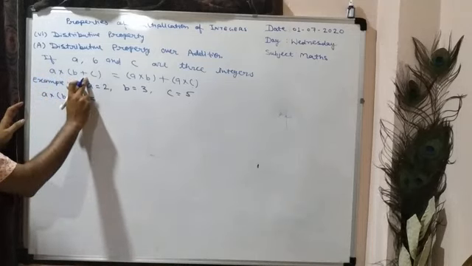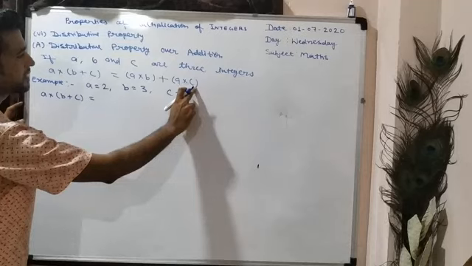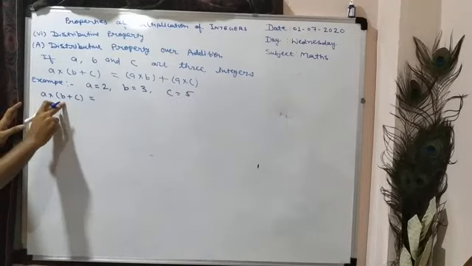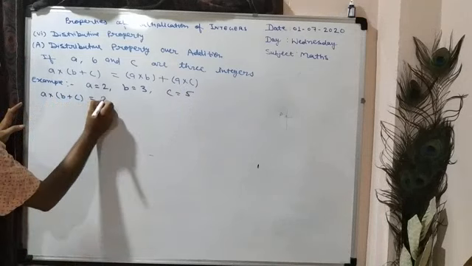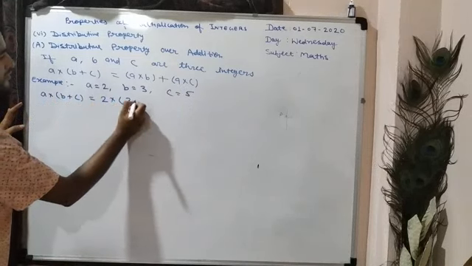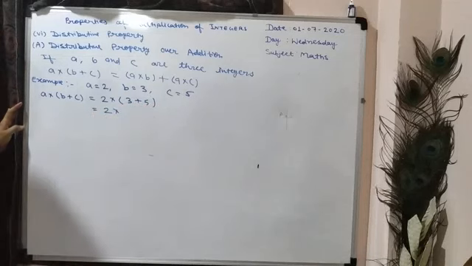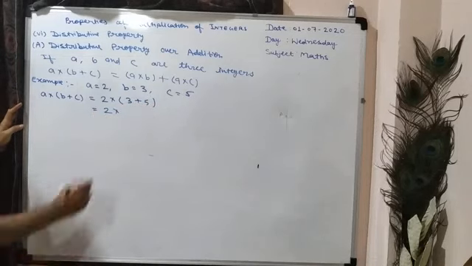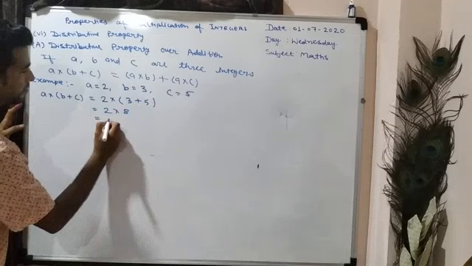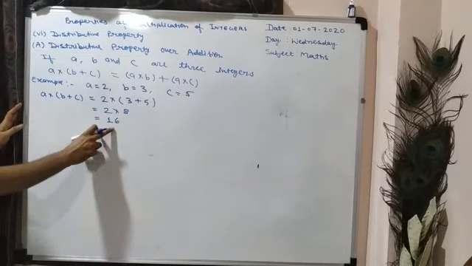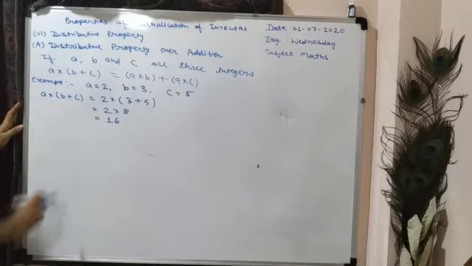This is our LHS part and this is our RHS part. So first we will find the LHS part, that is A into B plus C. What is A? 2 into 3 plus 5. 3 plus 5, 8. So here we can write 8, and 2 8s are 16. This is our LHS part. This is the value of A into B plus C.